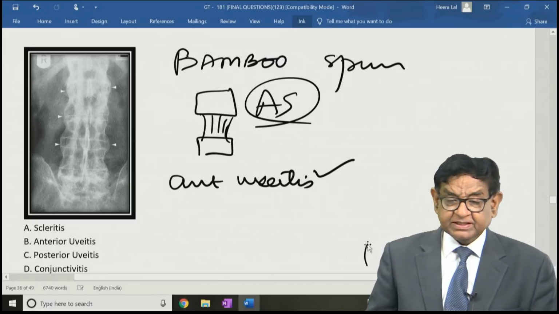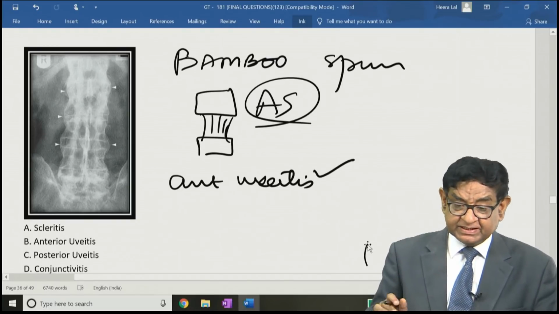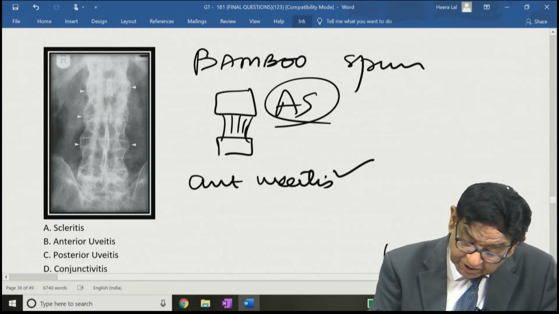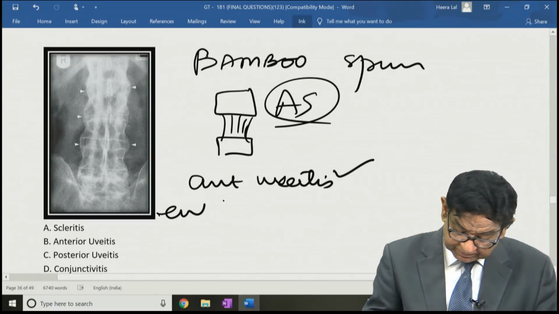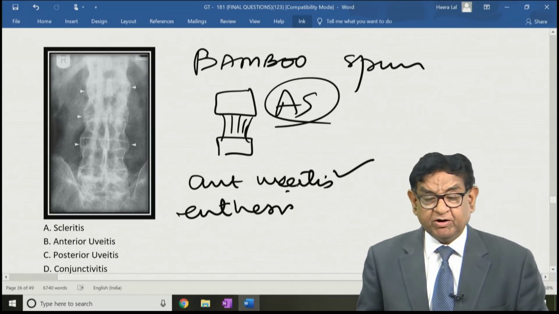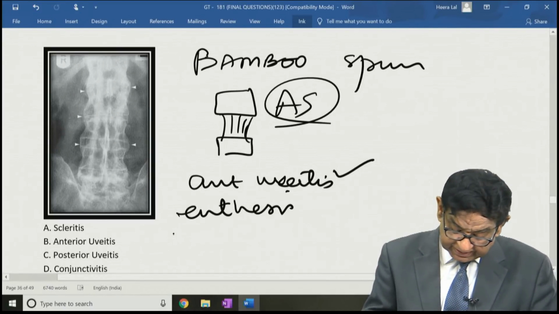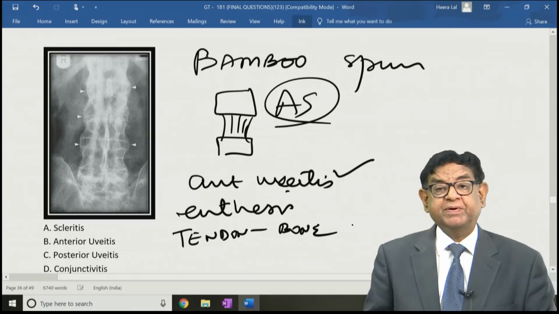Okay. Other thing that you should know in ankylosing spondylitis is the patient may have enthesitis. Enthesitis is the point of attachment of bone to tendon, which is painful. Tendon, bone attachment. This is painful.